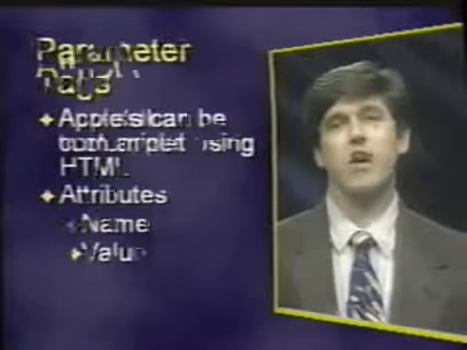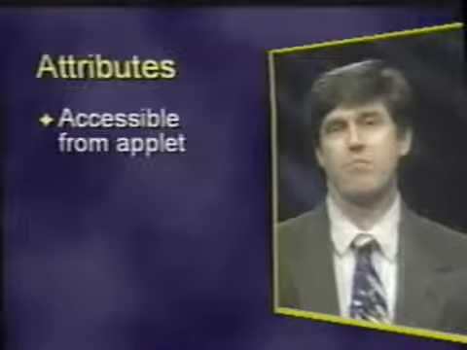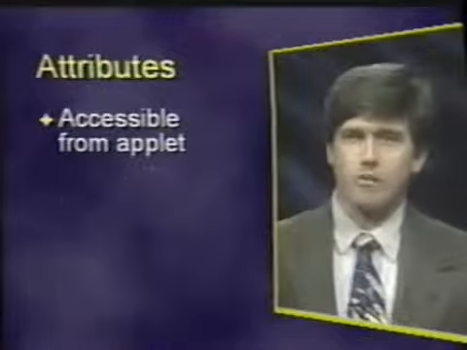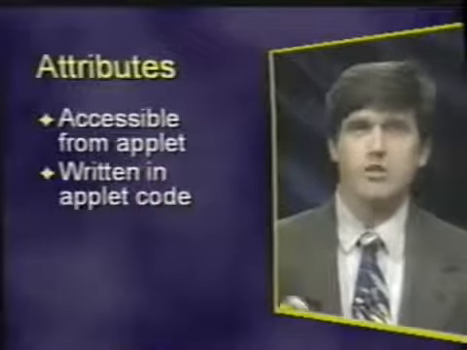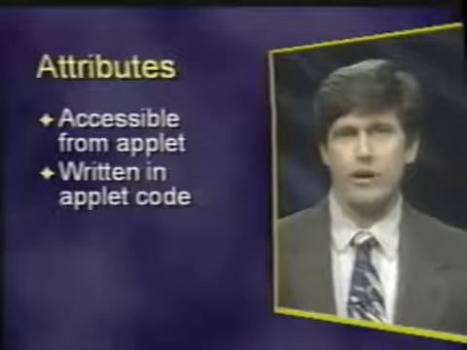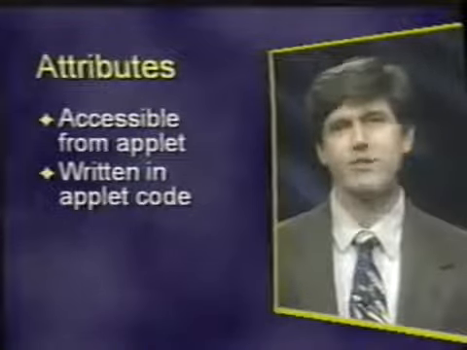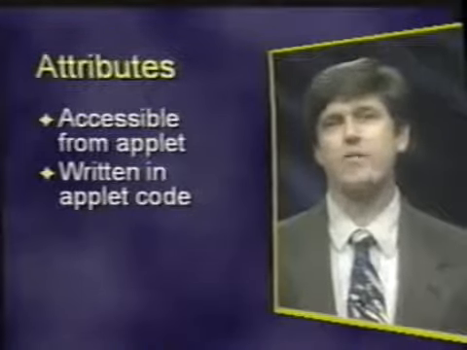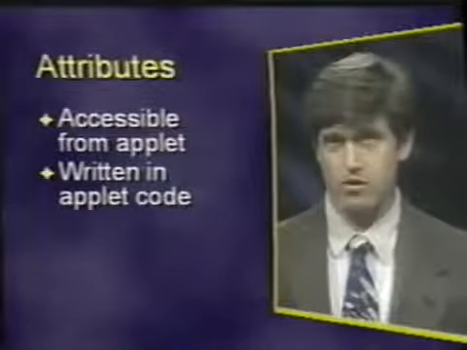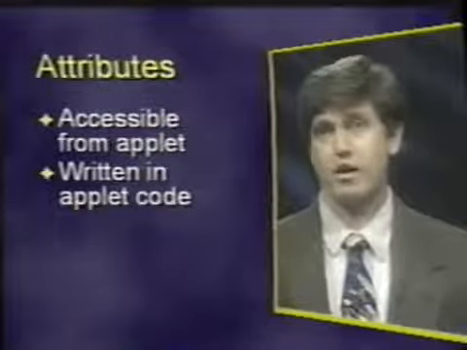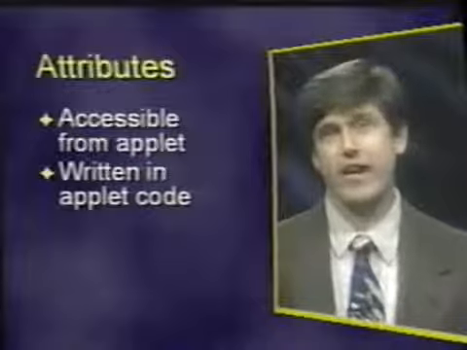And all of these are accessible from the applet and are written in the applet code. So the only way you, as a person using an applet, knows what these parameters are is either by being told from the programmer through some sort of documentation what the parameters are, or by having access to the source code.